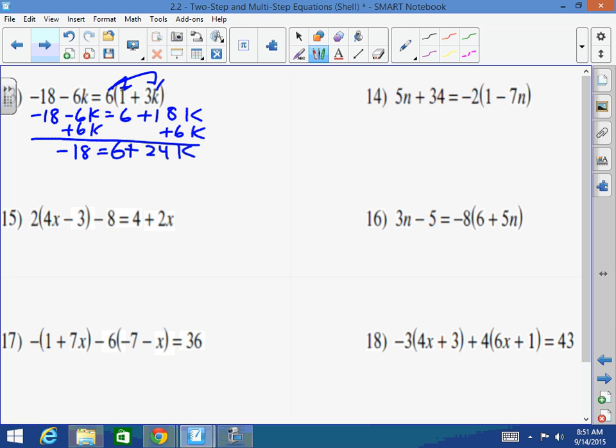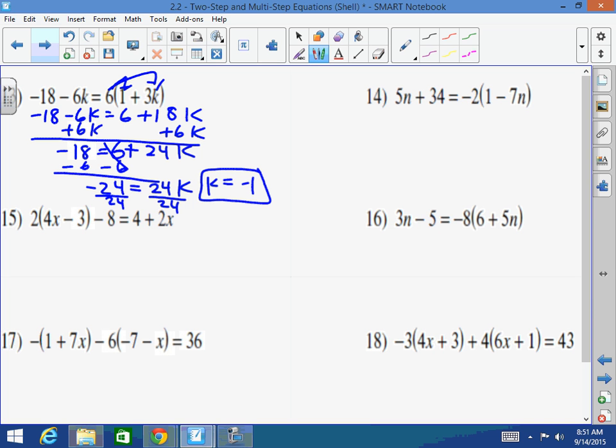Subtract the 6. And then that gives me negative 24 equals 24k. Divide 24 to both sides. Great job, son. Next, tell me what to do.